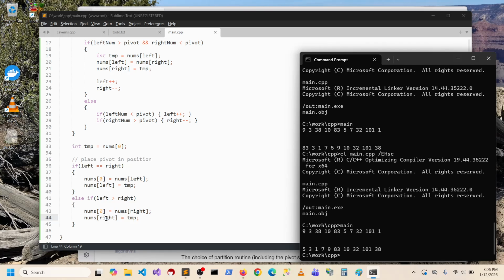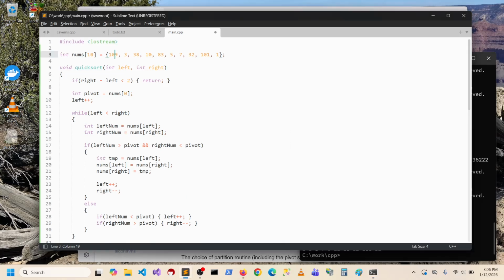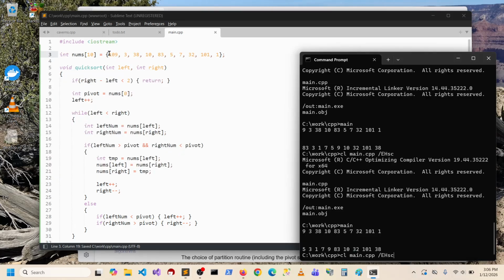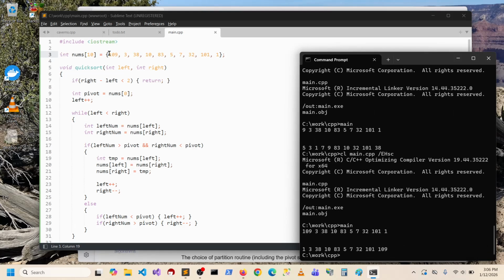Okay. So that one worked there. So now if we add our 109, our pivot was 109, so everything is below 109. So that worked too.